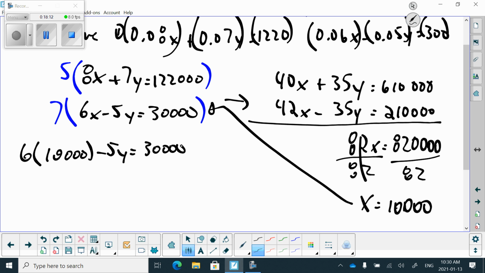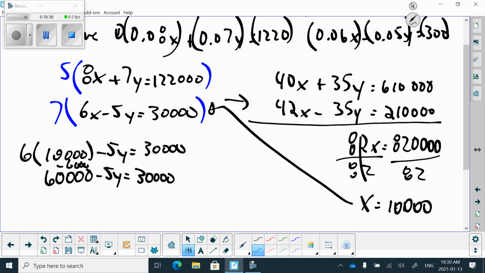Yeah, for sure. That would be 60,000 minus 5y equals 30,000. Yes. And then you'd subtract the 60,000 from both sides.